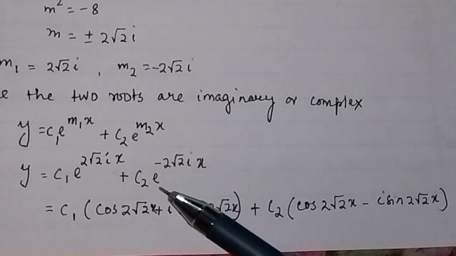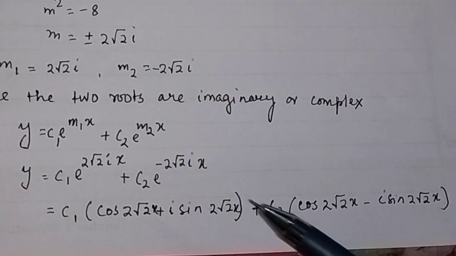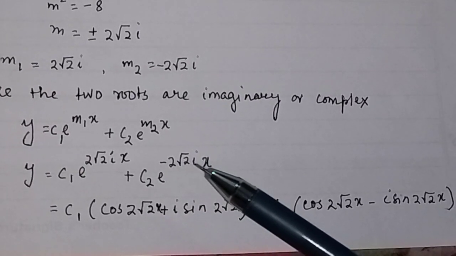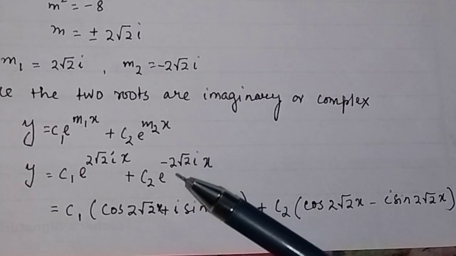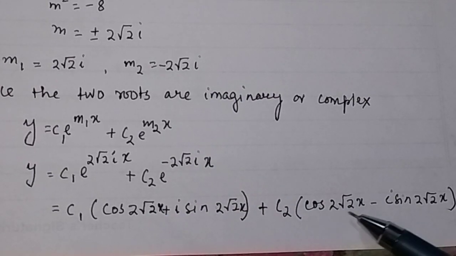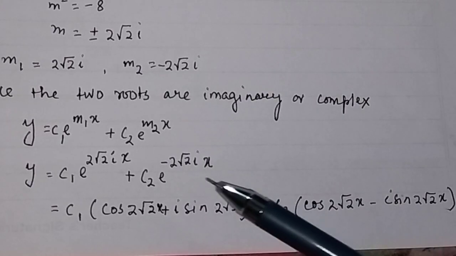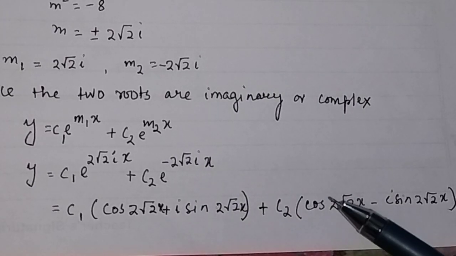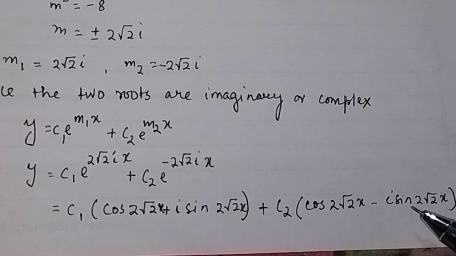And the second term, c2 into e to the power minus i theta, the expansion is cos theta minus i sin theta. Here you write cos 2 root 2 x minus i sin 2 root 2 x.